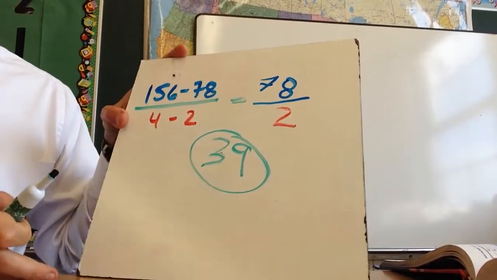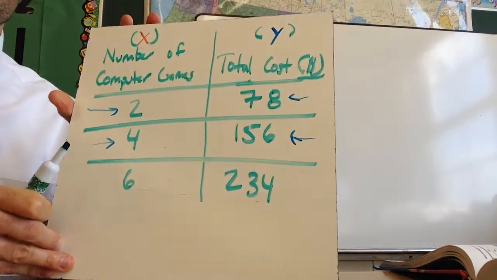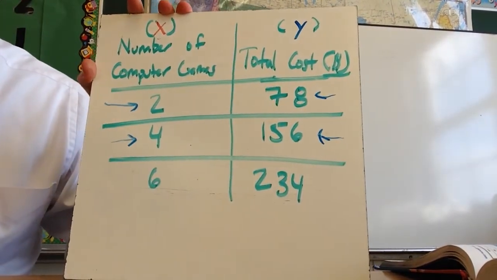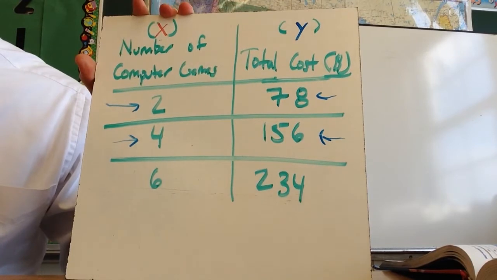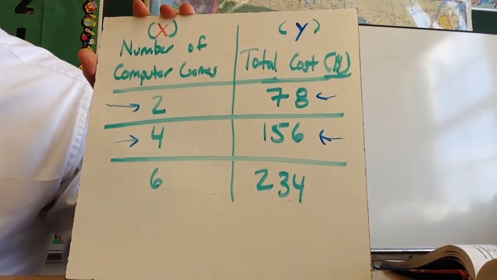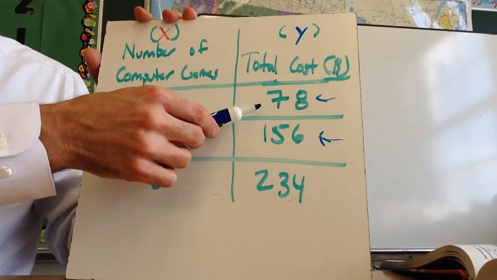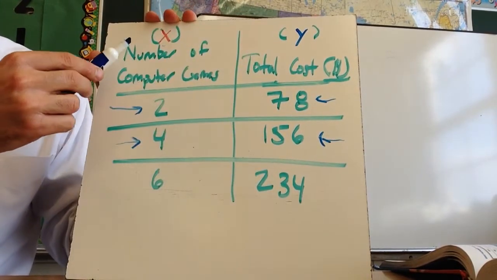Now, here's my question. I'm going to come back to this table. What does 39 represent in this particular problem? Assuming for a second this is a real life problem, what is 39? So the idea is that 39 is the rate of change of y as it relates to x.